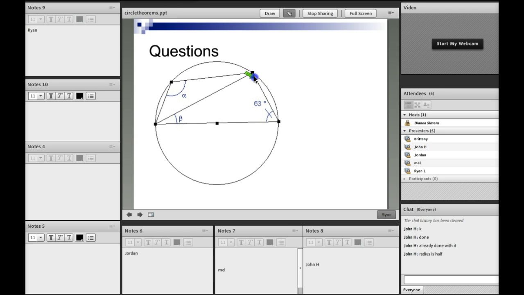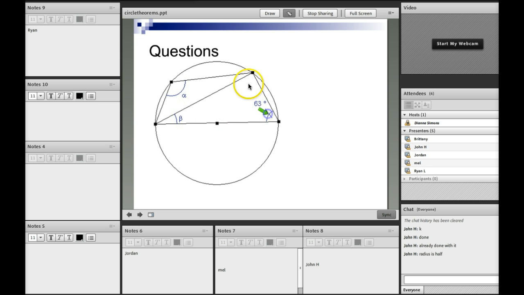Look at this angle. Remember, this is going through the center. It's going through the diameter. This is 90, so what is this one? This whole thing is 90, but this is half. This is a triangle. How many degrees are there in a triangle? 180.